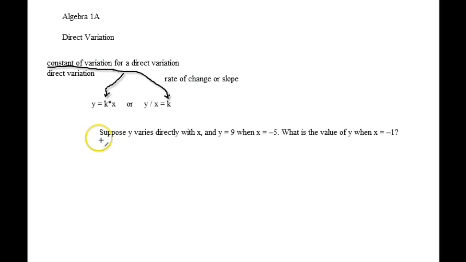Suppose y varies directly with x and y equals 9 when x equals negative 5. What is the value of y when x equals negative 1?